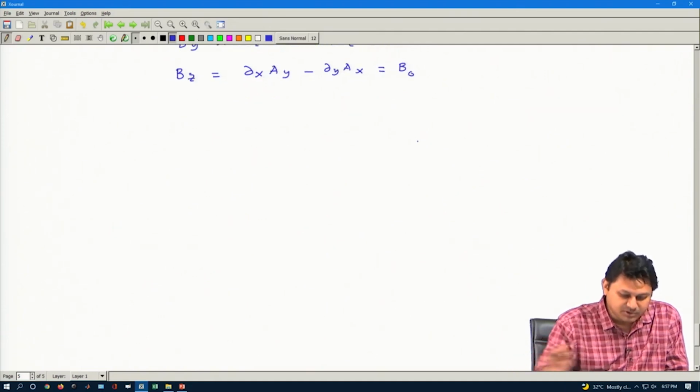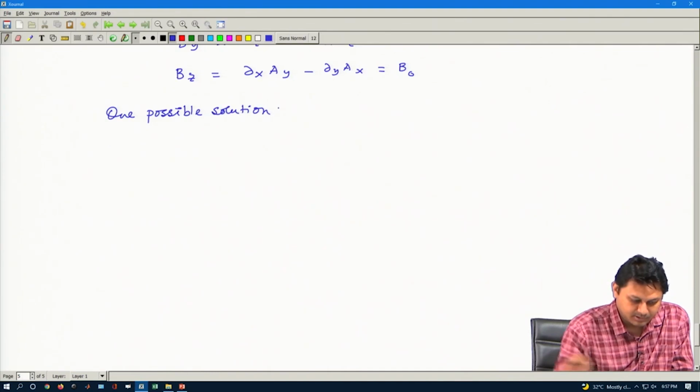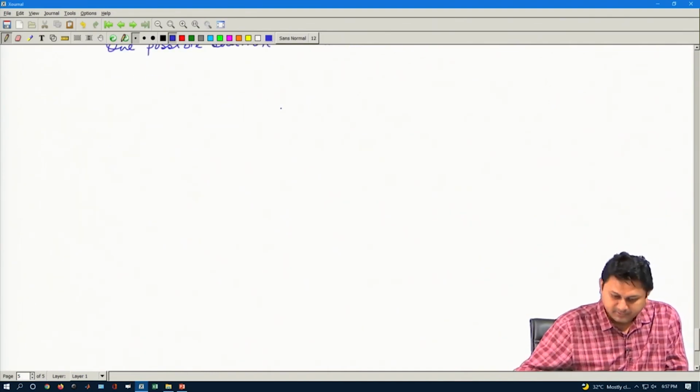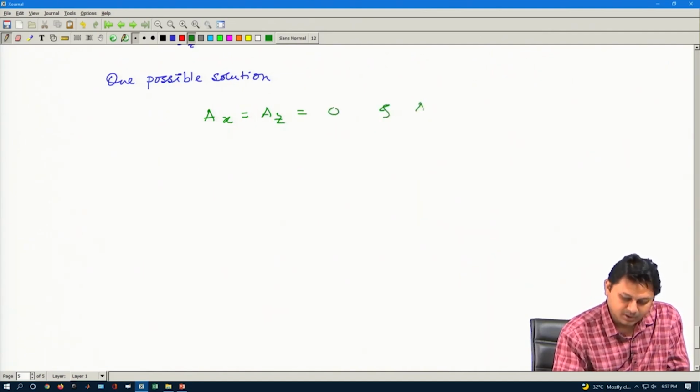One possible solution is this. Let us consider A x to be 0 and A z to be 0, and A y equal to x B0.